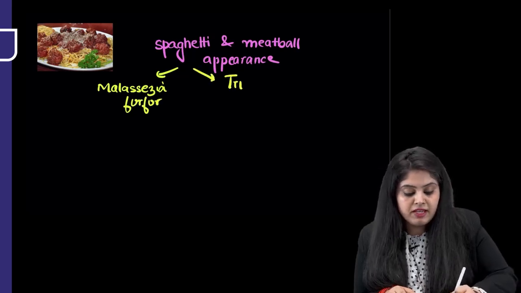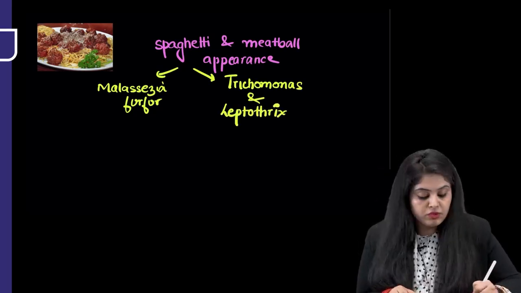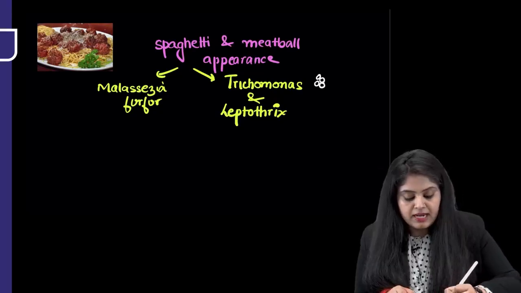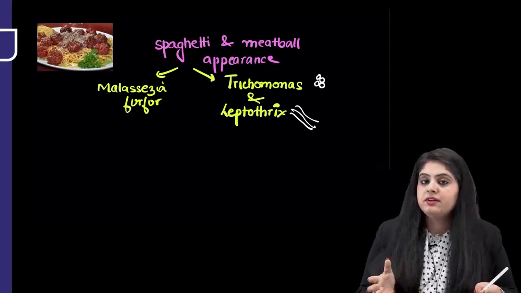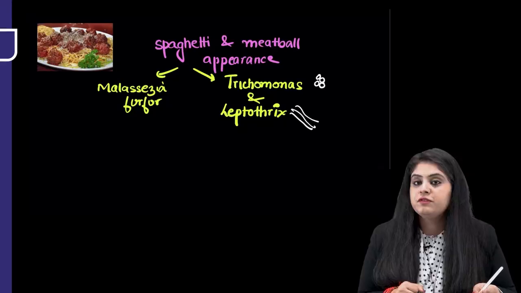If you remember very well, there was a condition called Trichomonas and Leptothrix. Remember, Trichomonas over there was looking like the meatball and Leptothrix was looking like the spaghetti pasta. So if you remembered it, very good. If not, it's time to revisit the pathology lectures. So that was the first correlation.